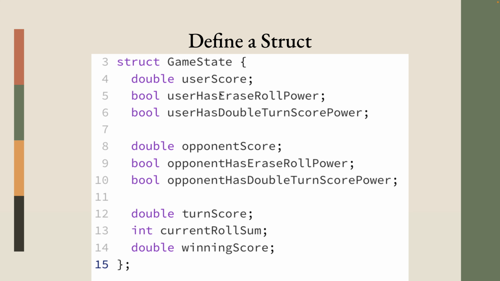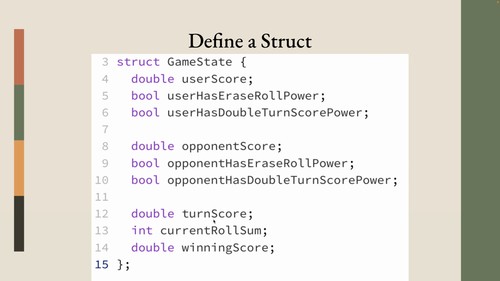And we said it's dictated by what power-ups you still have available. Like if you still have your erase roll power, then maybe you can be more aggressive with the rolling. If your opponent is very close to winning, then maybe you have to be more aggressive with your rolling. Like if they're at 198 points and you're at 50, maybe you just have to keep rolling till you get 200 and hope for the best.